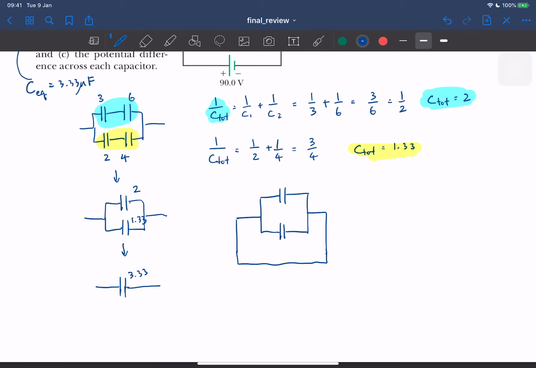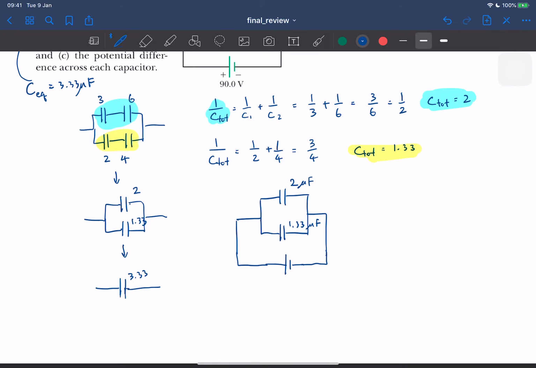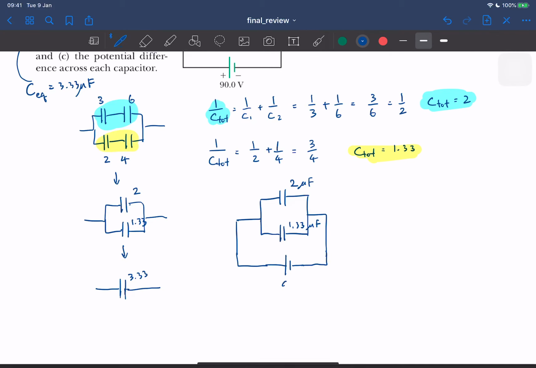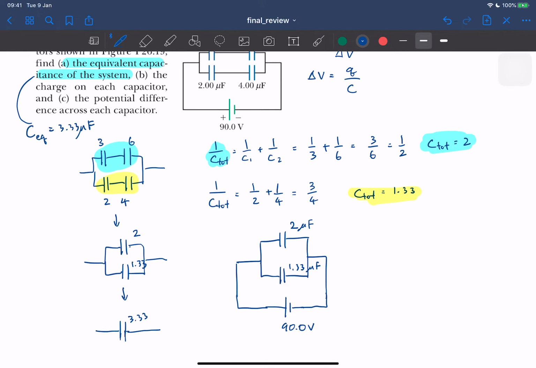So let's look at this equivalent circuit, which is combining the two sets of capacitors. So you have 2 and 1.33 microfarad here. And the voltage on the battery is 90 volt.